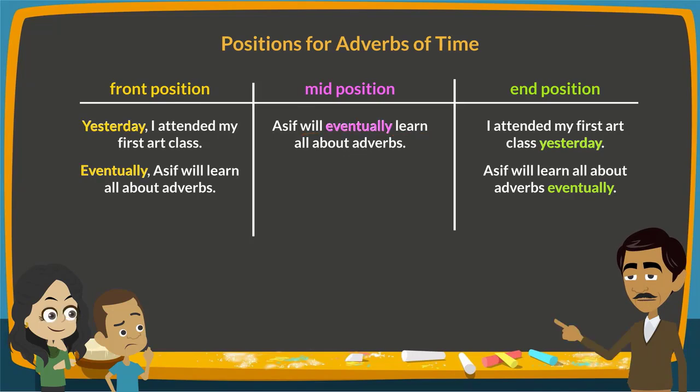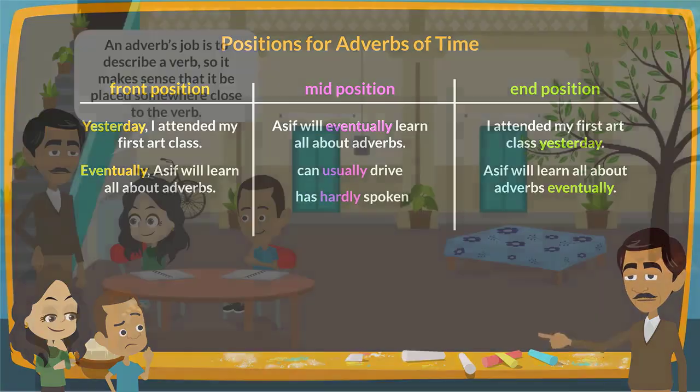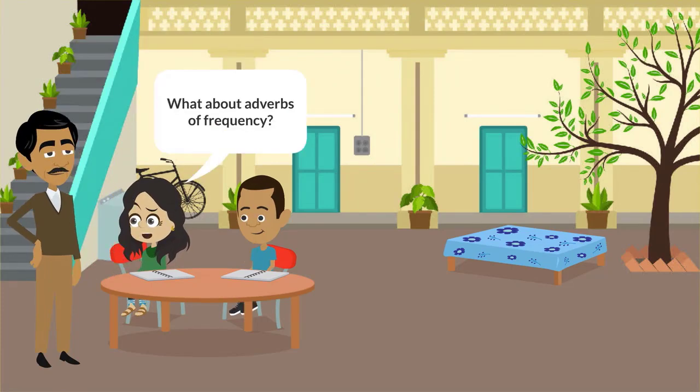That's normal. The object of this sentence is adverbs. Learn is the main verb, will is the helping verb. An adverb's job is to describe a verb, so it makes sense that it be placed somewhere close to the verb. What about adverbs of frequency?